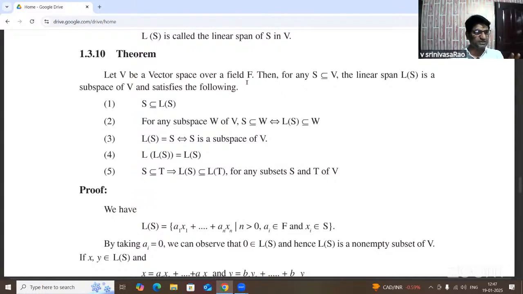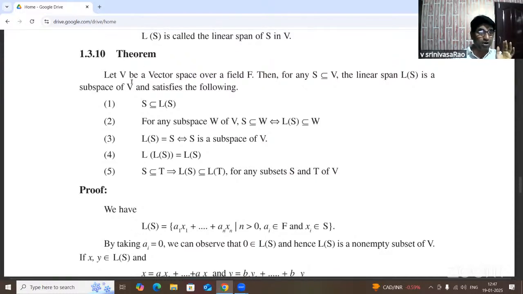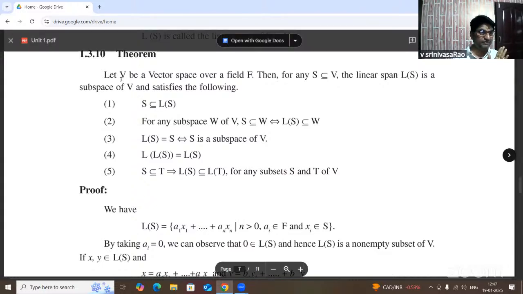That is for identification purposes, because for vector space the first letter is capital V. So any vector space over a field capital F. Then for any S a subset of V, the linear span L of S is a subspace of V. S is contained in V, meaning it is a non-empty subset of a vector space, and according to the subset we have defined the linear span. So that linear span is also a subspace.